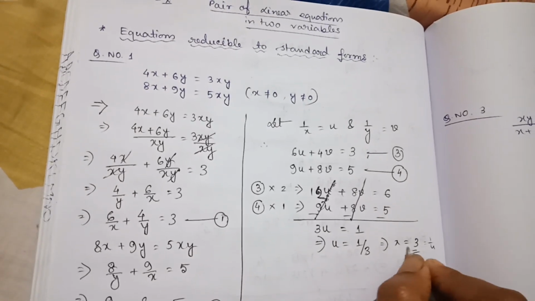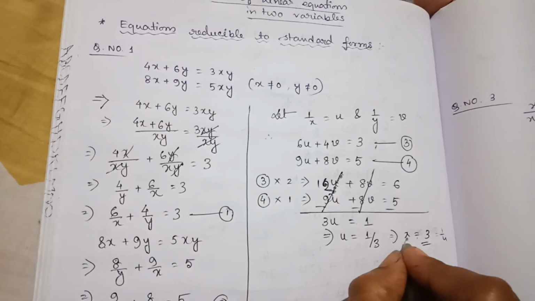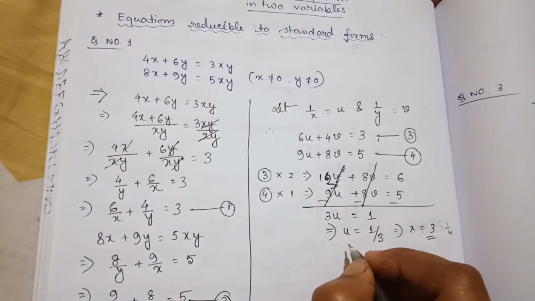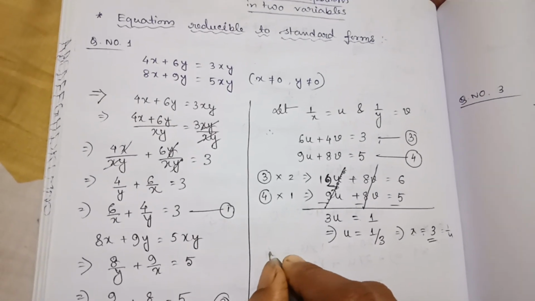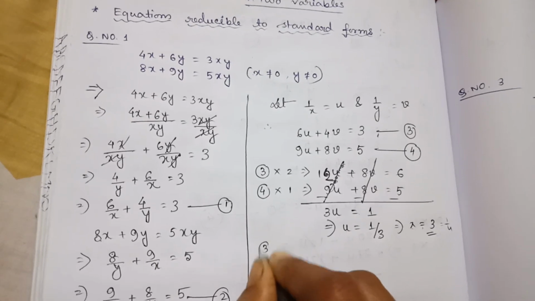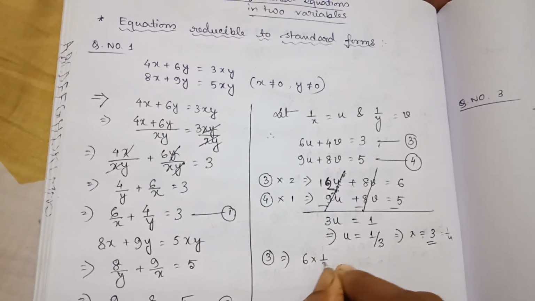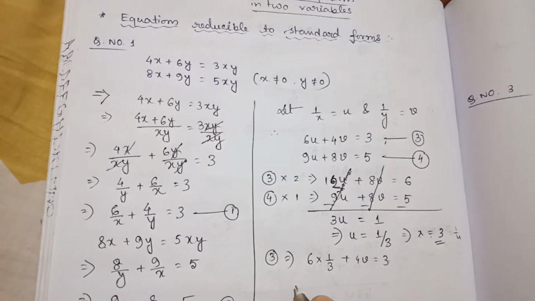Now we can put u's value in equation 3 or 4, then we can get v's value. That would be better. So from 3, 6 into u, that means 6 into 1 by 3, plus 4v equals 3.